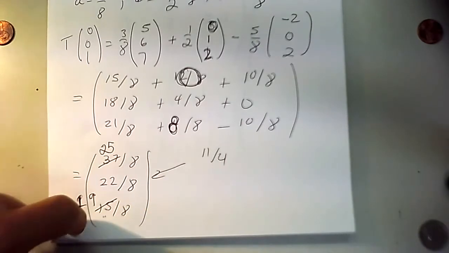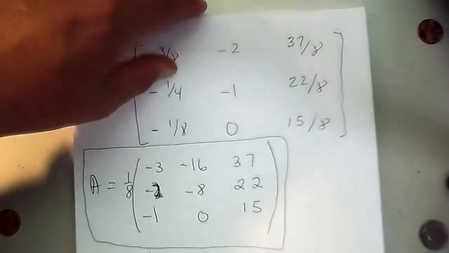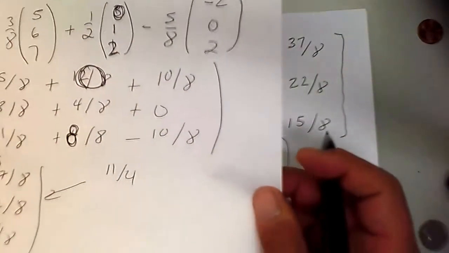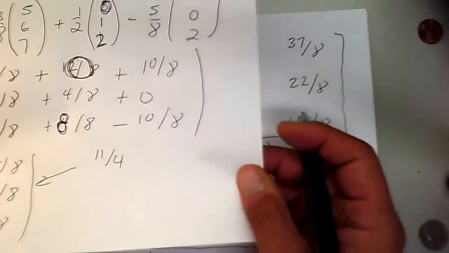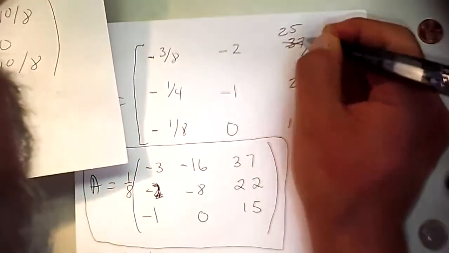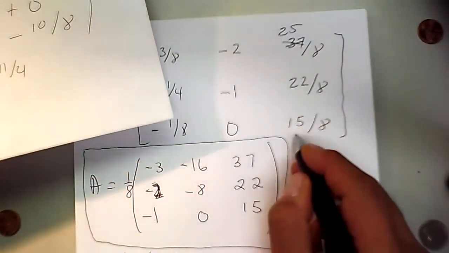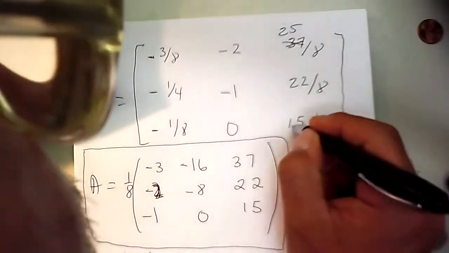This guy. And that means that our matrix has to change accordingly. 25 over 8. This one should be the same, and that should be 19 over 8.